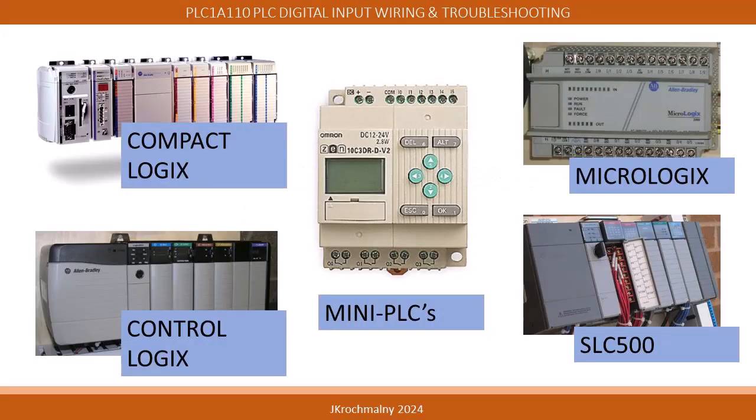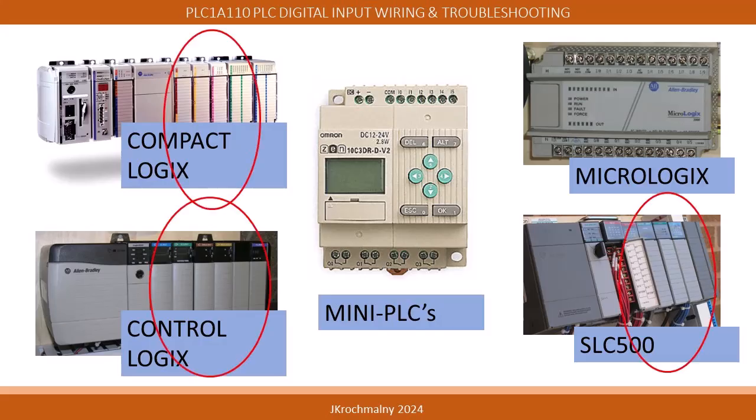Programmable logic controllers, or PLCs, come in a vast array of sizes and designs. The Allen Bradley Compact Logic, Micrologic, Control Logic, SLC500, and the Omron Mini PLC are usually rack-mounted and come in various combinations, consisting of input and output modules. The rack mounting usually involves DIN rails that allow these units to be easily placed into or taken out of circuits.